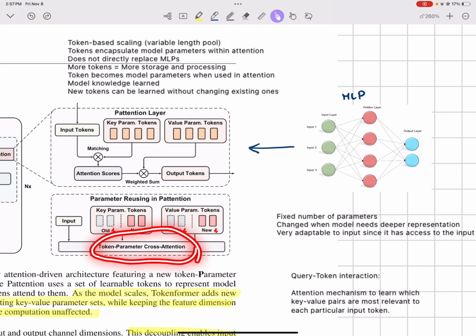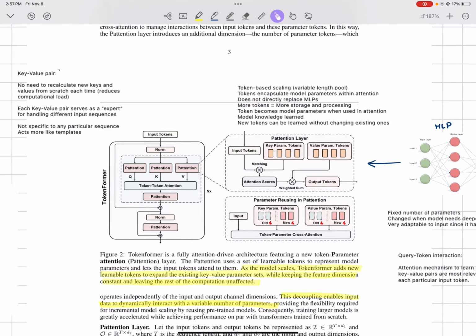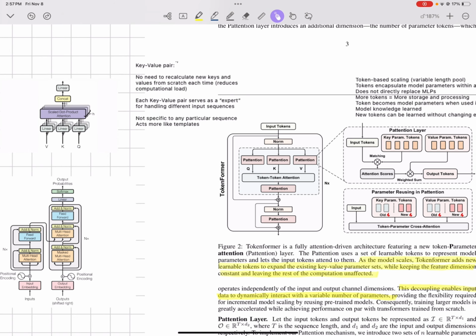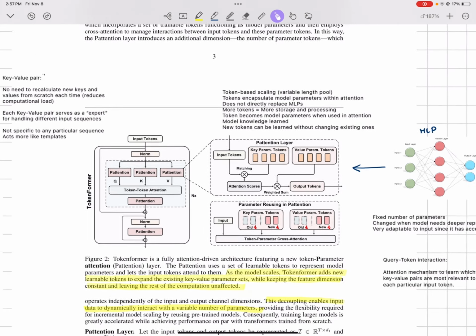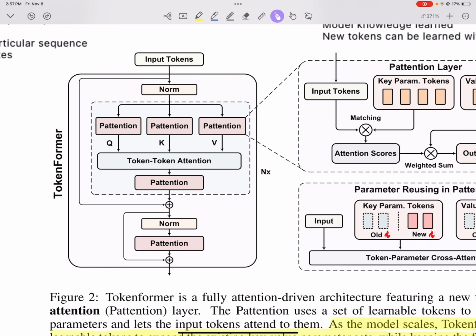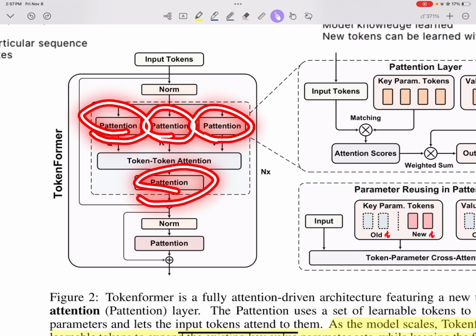So in this paper, there are a lot of MLPs in a transformer. There's the MLP to generate the query, the MLP to generate the key, the MLP to generate the value, the output MLP, and then you have the feed forward network. This is what they show in this section right here: every one of those 5 MLPs is going to be replaced by these P attention layers.